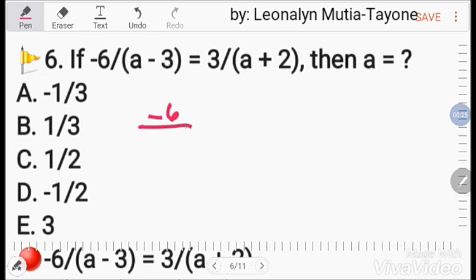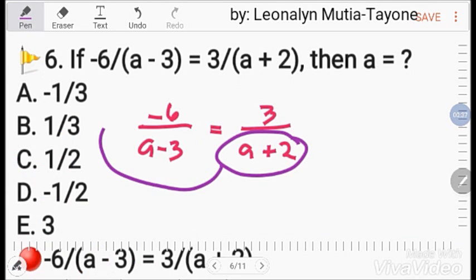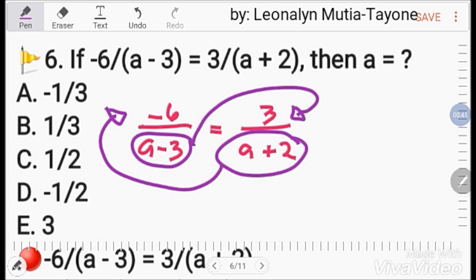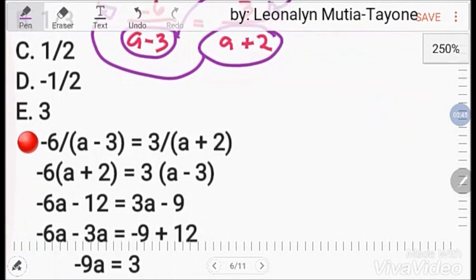Ito si -6 over a minus 3 equals 3 over a plus 2. Do cross multiply. Ito, ilagay mo dito. Ito naman, ilagay mo dyan. Ma-multiply na siya. At ito ang mangyayari dito.